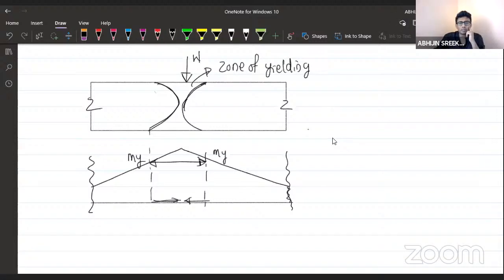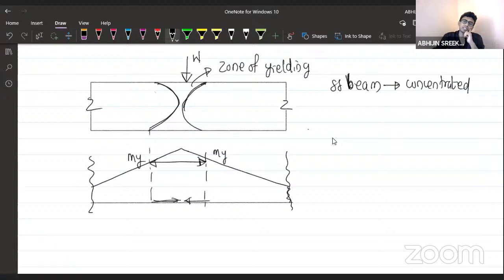For simply supported beams, I'm talking from this question point of view, with a concentrated load, the length of the plastic hinge, I am going to write it as LP, will be equal to L into (1 minus 1 by shear factor).